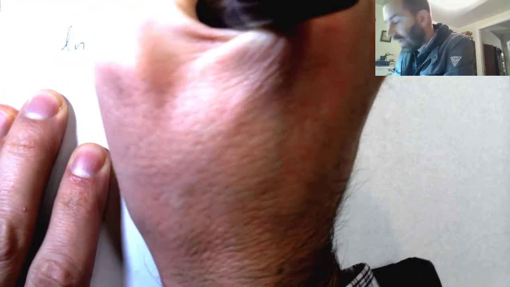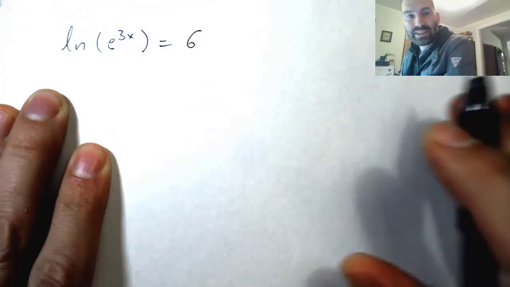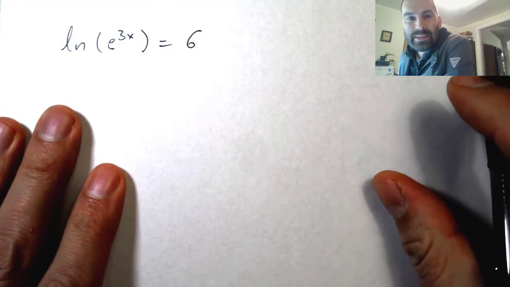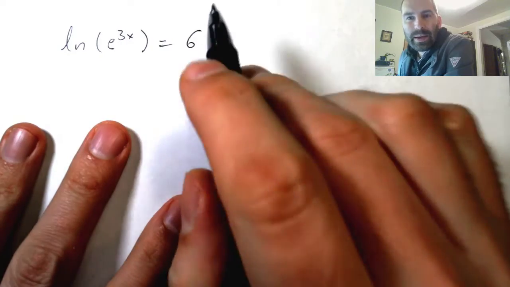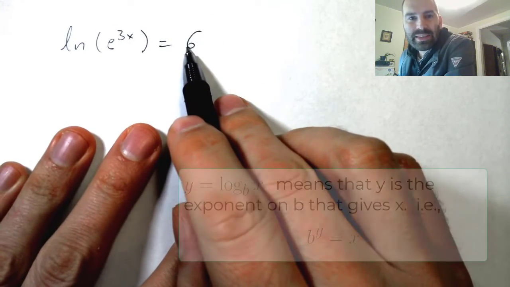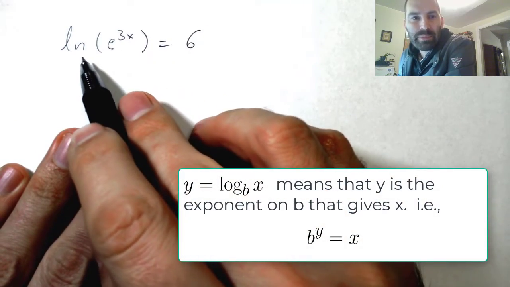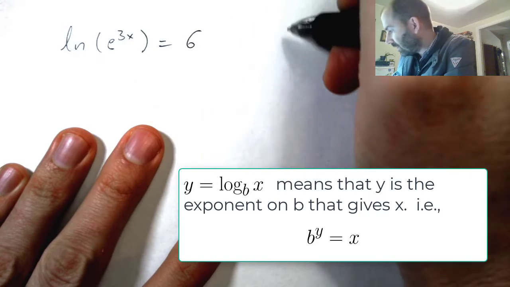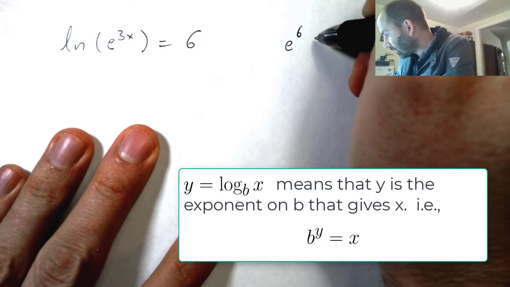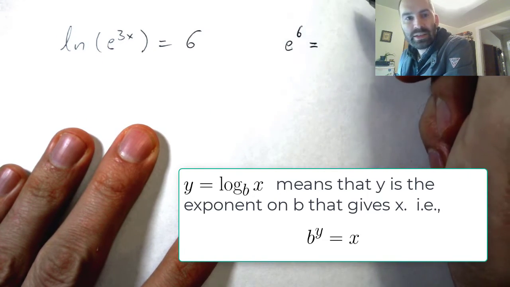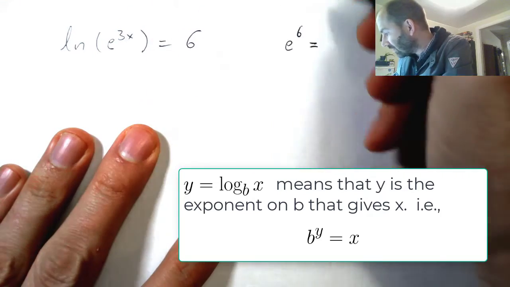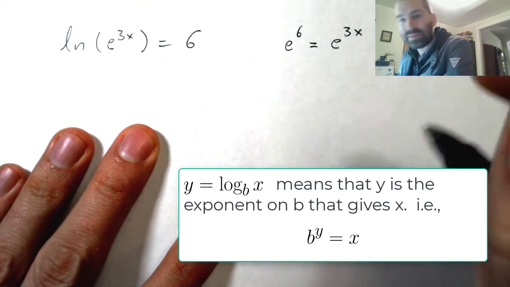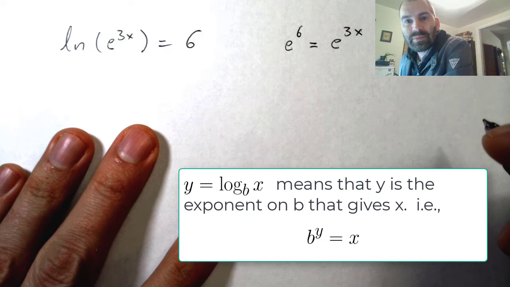Let's do natural log of e to the 3x equals 6. Okay, so 6 is the exponent on the base. The base here is e. So 6 is the exponent on the base that equals e to the 3x. How do we solve this one?